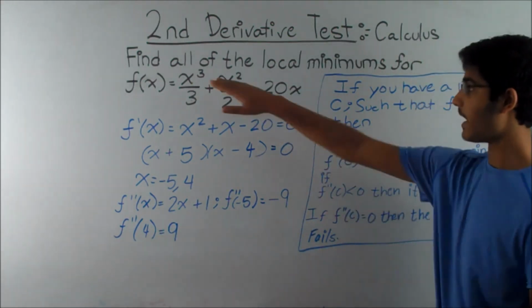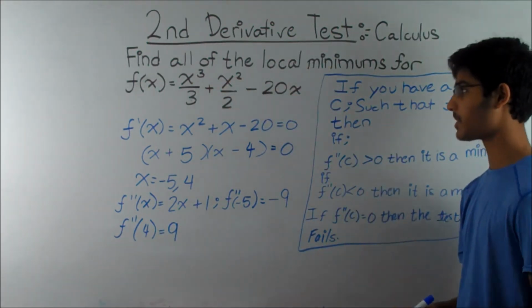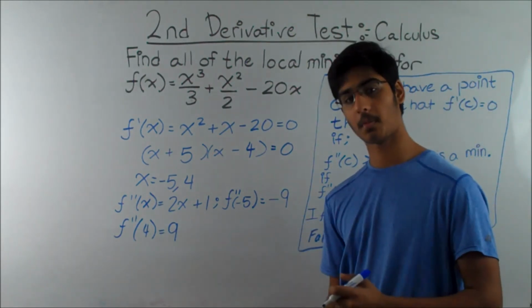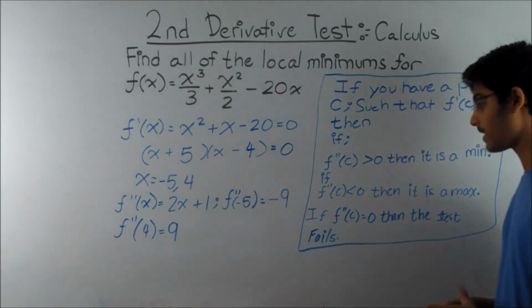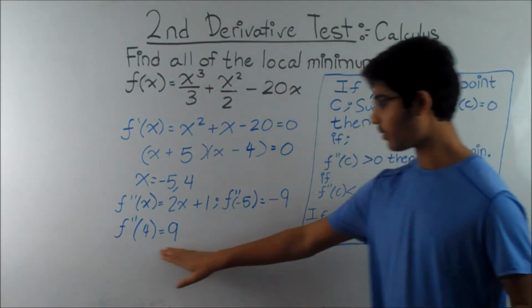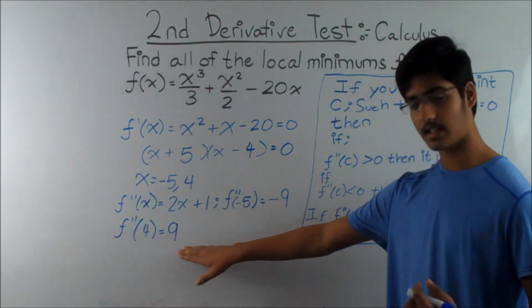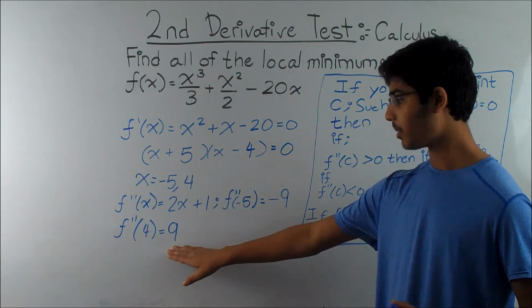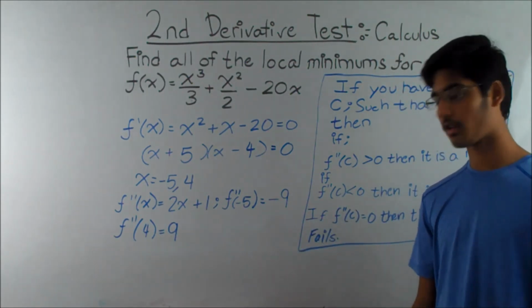So this problem asks for all the local minimums for f of x. So now let's figure out which one is a minimum. Well, according to the second derivative test, the one that has a second derivative positive or greater than 0 is the minimum. So in this case, f double prime of 4 is 9, which is positive or greater than 0.